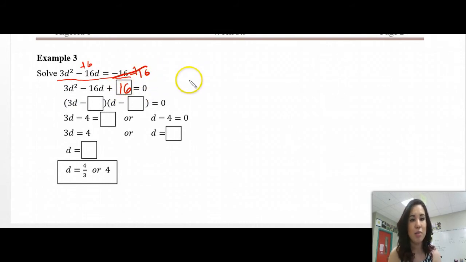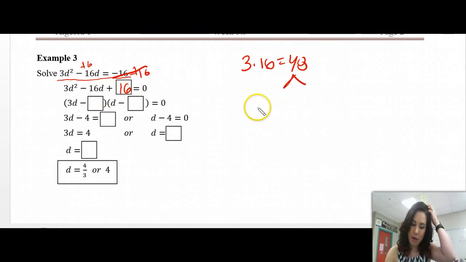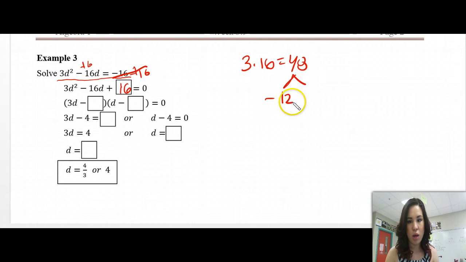Now I can do my regular math, so I'm going to factor. Remember, we did 3 times 16, which is 48. Factors of 48 that give you -16 are -12 and -4.